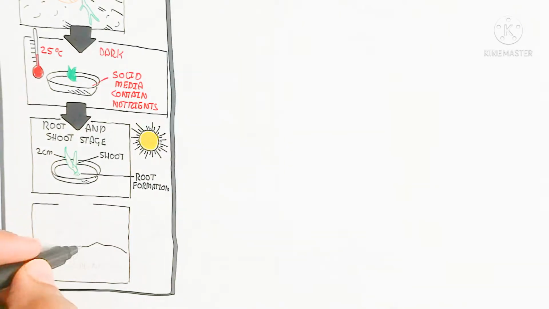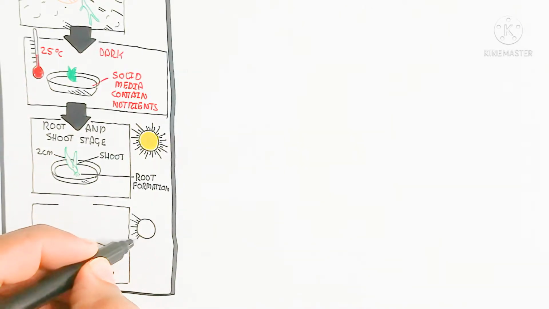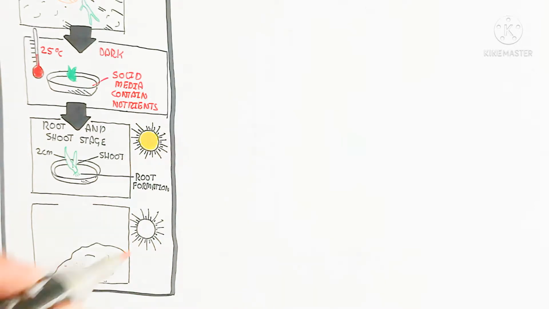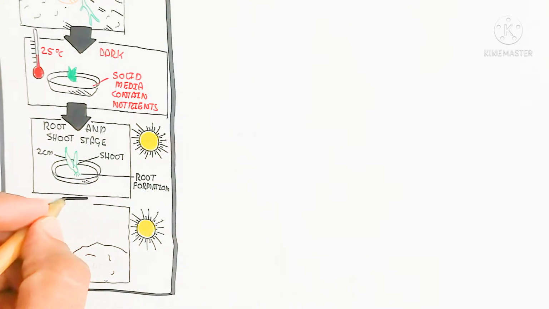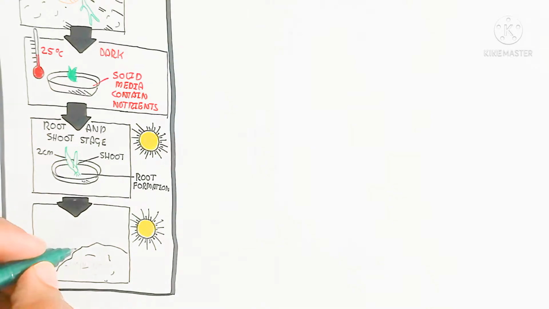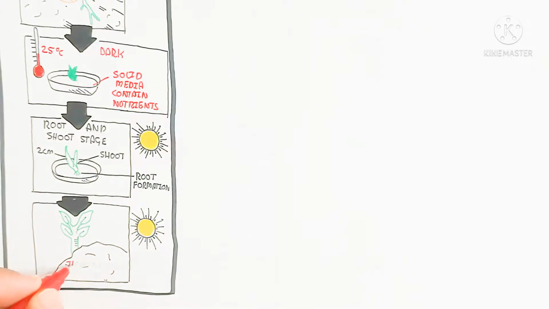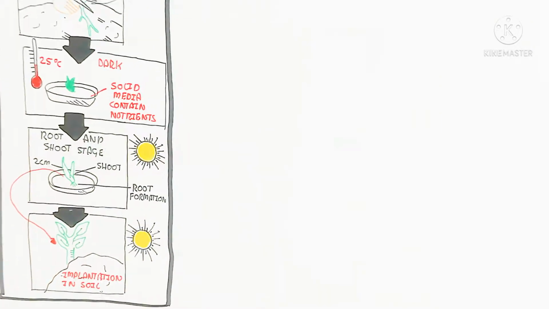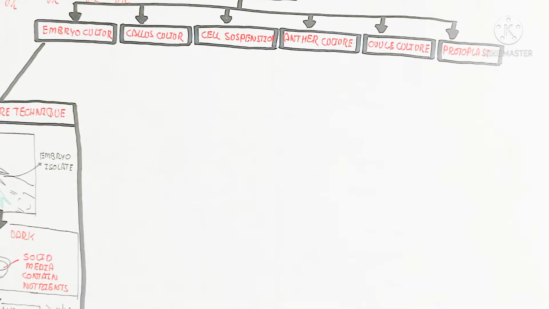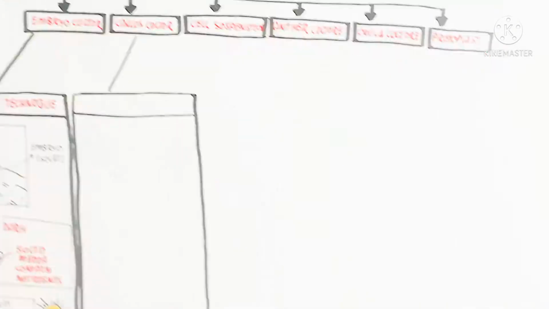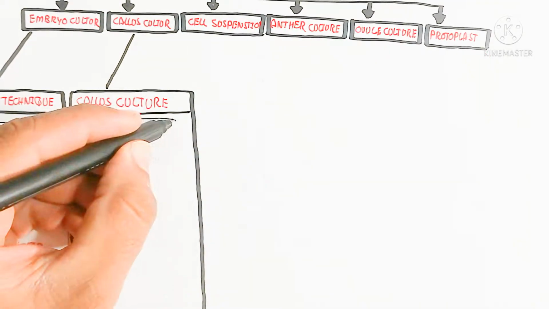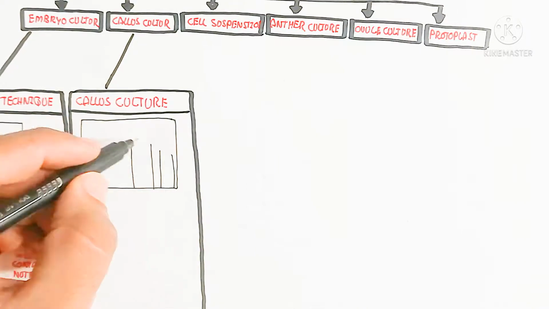And when there is more growth, implantation in soil is important. In this way, the light will be continuous to produce photosynthesis for more growth of that plant. So the minute plant, the embryo, will become a whole plant, which is basically equal to the explant or embryo of the explant.